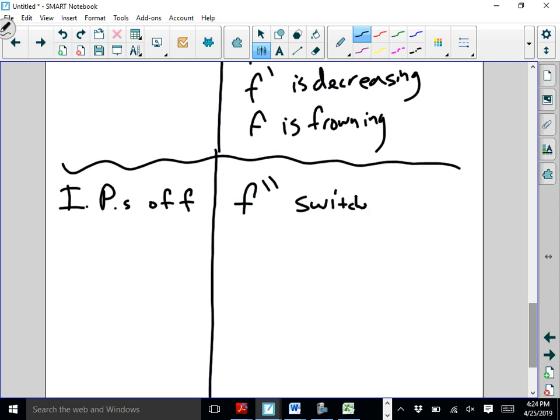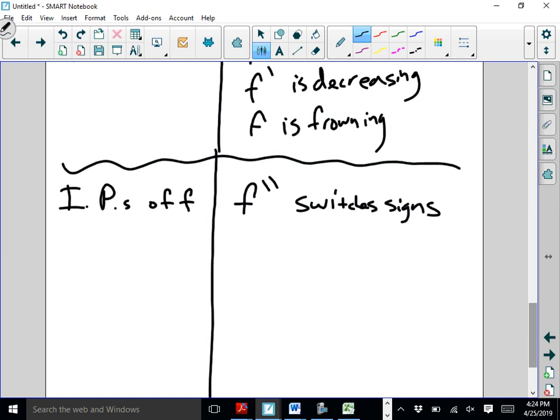So if you have a function, get to the second derivative, find your zeros, and test to see if f double prime actually switches from plus to minus at that x value. So those zeros have to be crossing the x-axis, right? We have to go from plus to minus or minus to plus to actually have an inflection point.